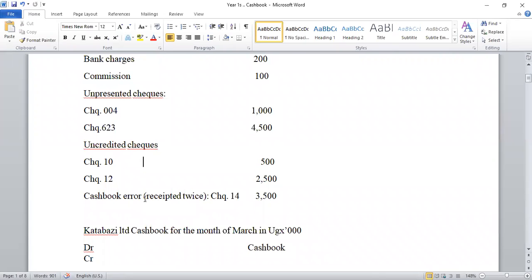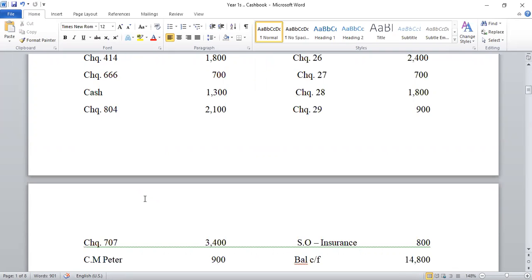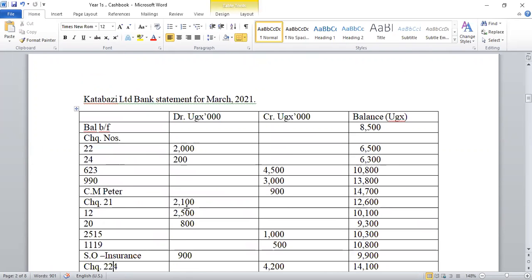When I go to the bank statement, I'm looking for check 004. I'm looking on the debit side, at payments. Bank statement, the debit entries, okay, here they are. Then look for check 004.